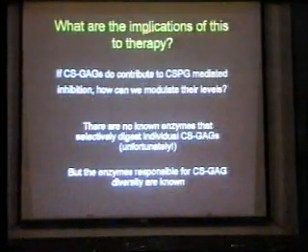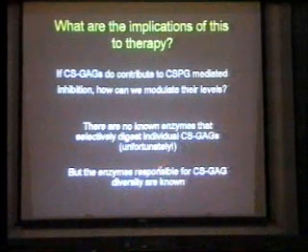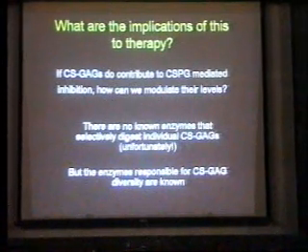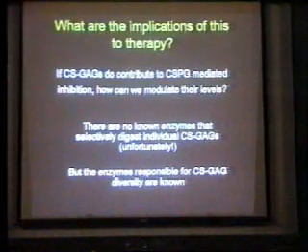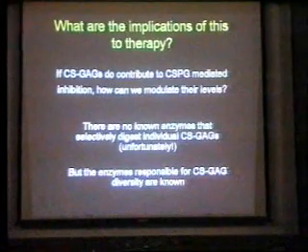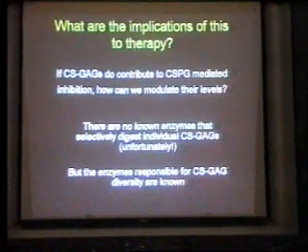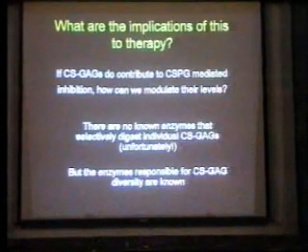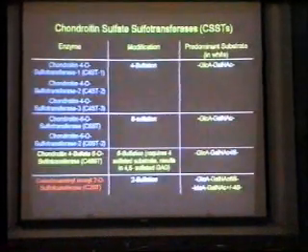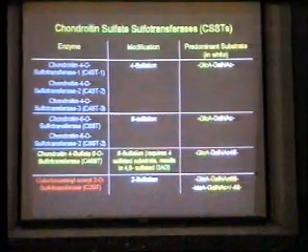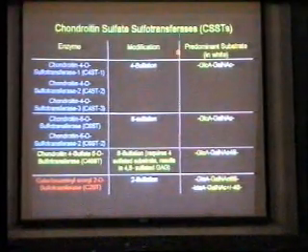So I showed you all this GAG data, and the question I ask you is, what are the implications? One way to downregulate GAG specifically is to figure out what are the enzymes that make GAGs. And is there a way to downregulate the enzyme that makes 4,6-GAG, which I showed you was very inhibitory? To do that, I'll tell you a little bit about chondroitin sulfate sulfotransferases.